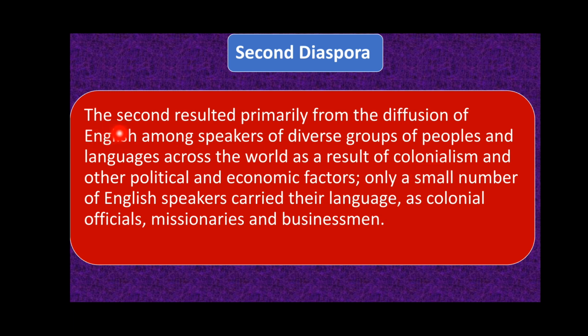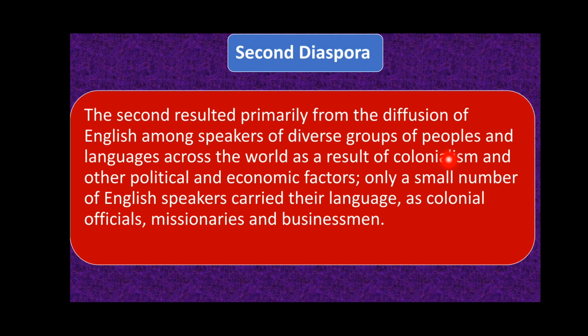The second diaspora resulted primarily from the diffusion of English among speakers of a diverse group of people, because these people from Britain were official administrators. They went to different parts of the world and occupied those countries. They came to Asia, they went to Africa, right?